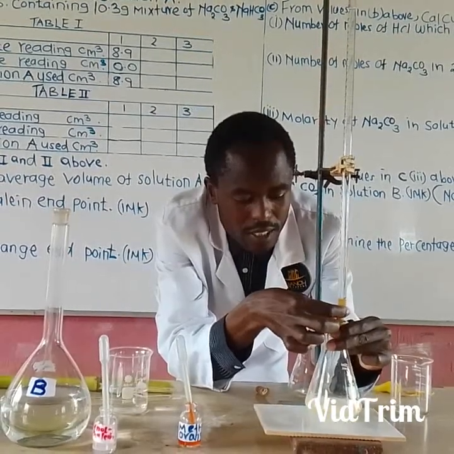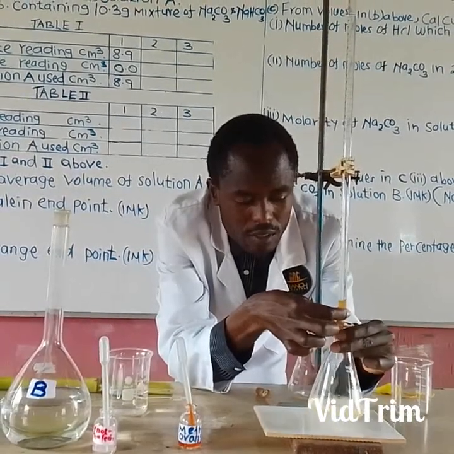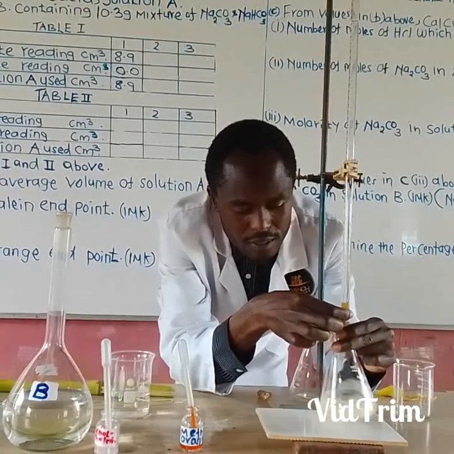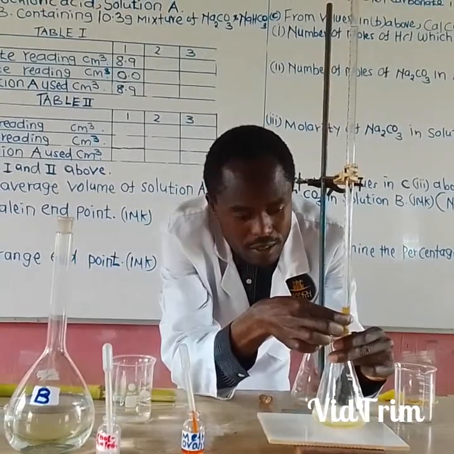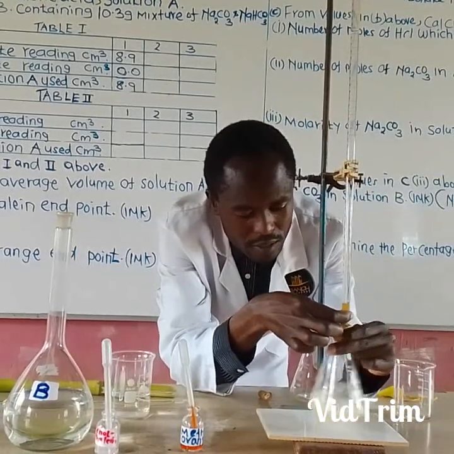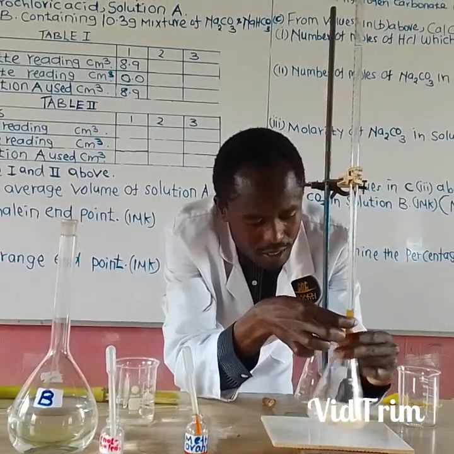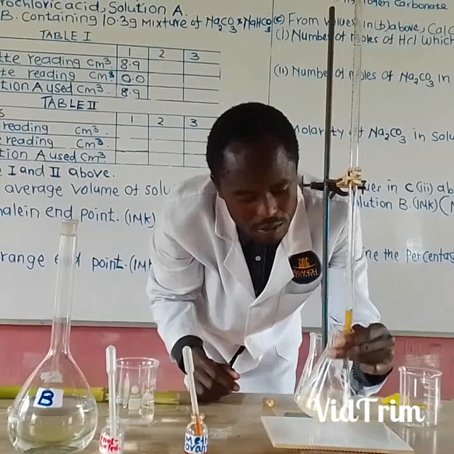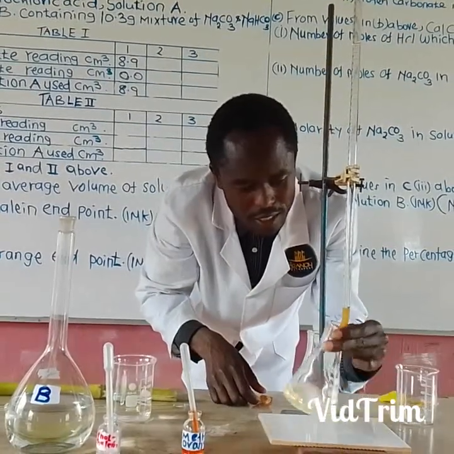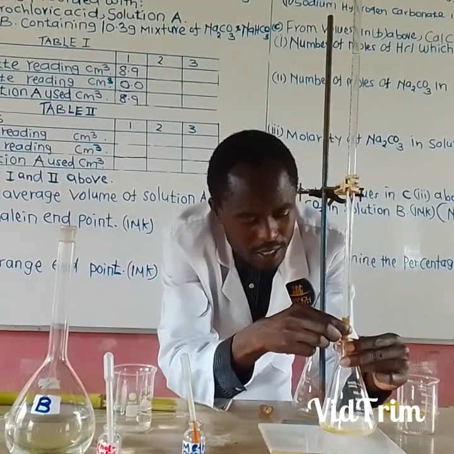You can see the solution is still yellow. And as you titrate and swirl, it means you swirl like this. I'm sure you see the way I'm doing it, isn't it? I think it is clear like this. This is what we mean by swirling.